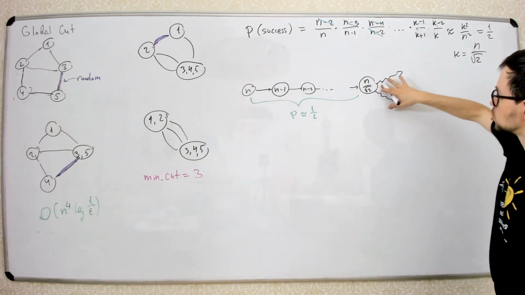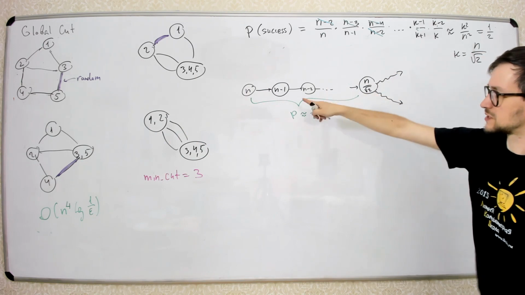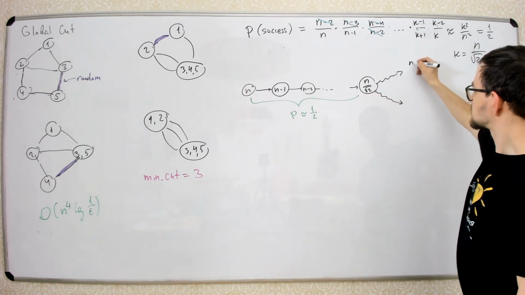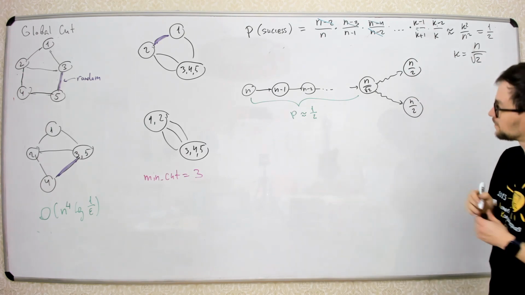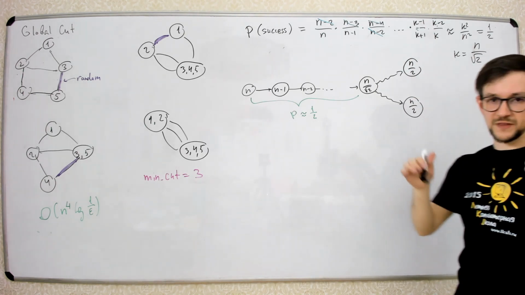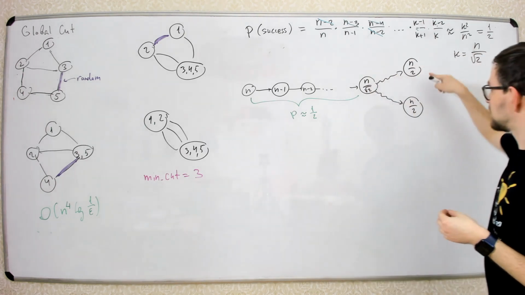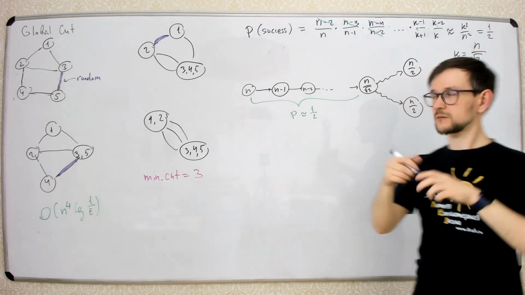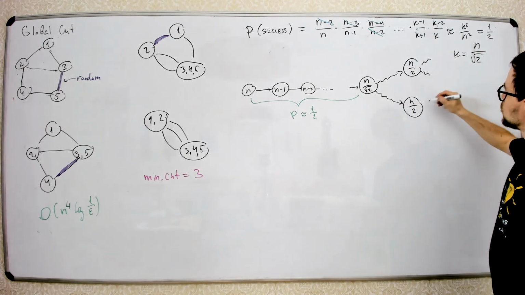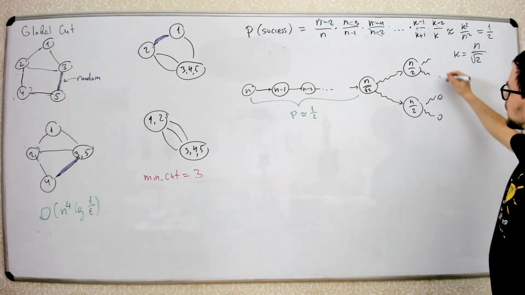Each of these subroutines will do the same steps until you have a graph of size n over 2, right? And then again, here and here, I will make two different calls of the same algorithm, and so on.